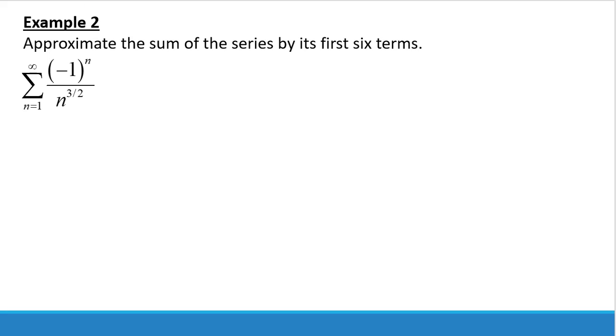And we know that if I were to plug in n plus 1 to the 3 halves, this is going to be less than or equal to just n to the 3 halves, because larger denominator equals smaller overall number. And the limit as n goes to infinity of this equals 0.